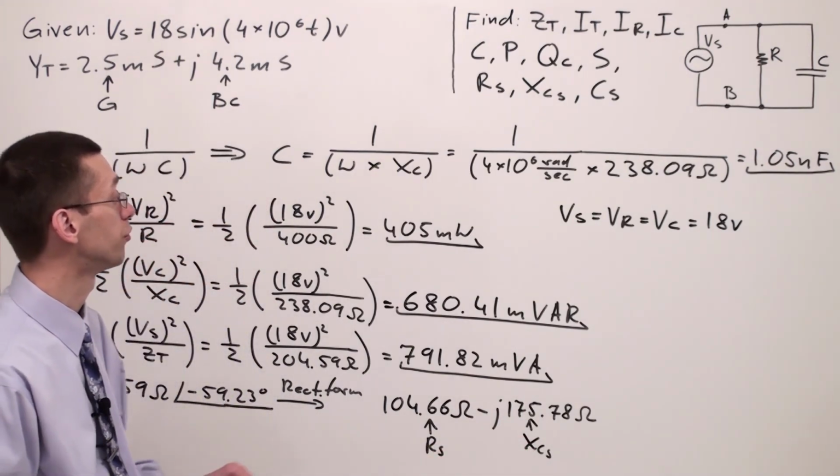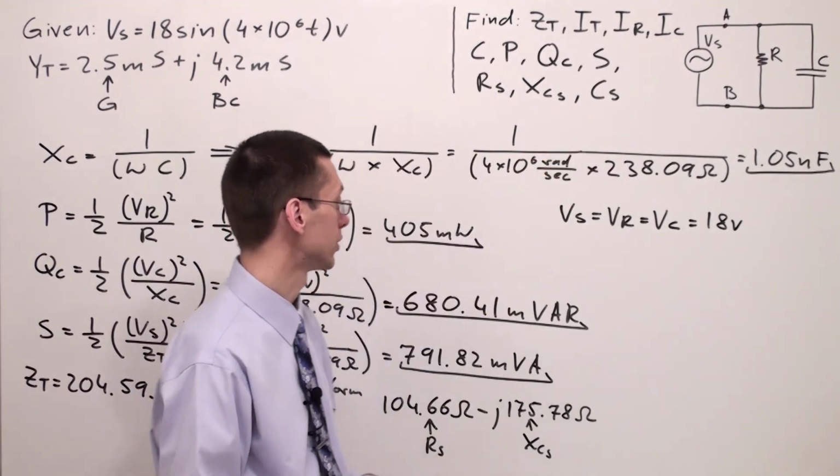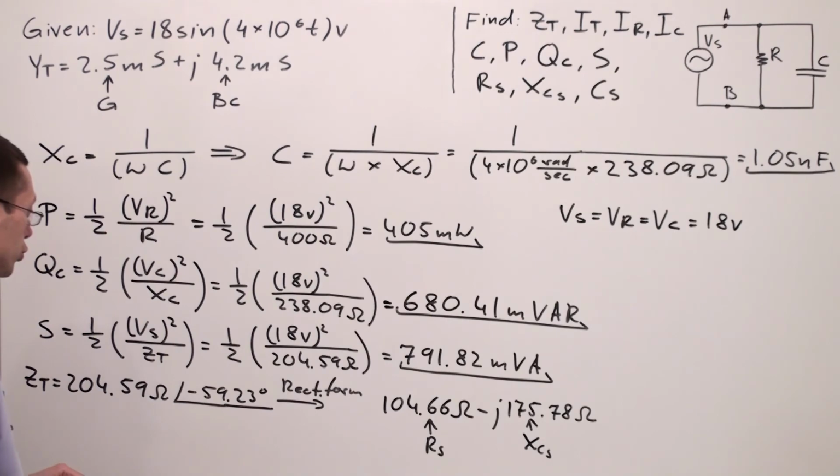Next, I'm supposed to find the capacitance in the series circuit. I'm going to use the formula for the capacitive reactance. So I have X_CS equal to 1 over omega C_S.